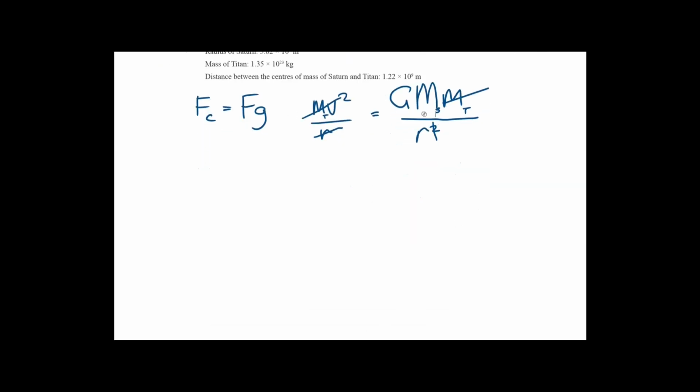So the velocity squared is going to be equal to the gravitational constant times the mass of Saturn divided by the radius of Saturn. So we're almost there.